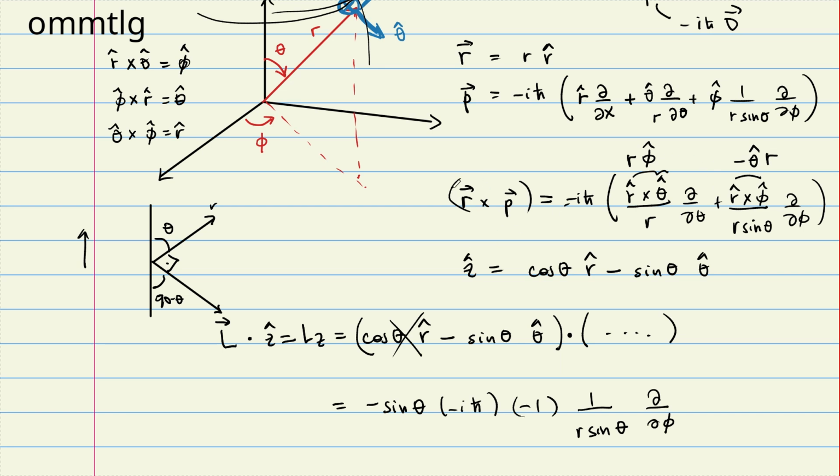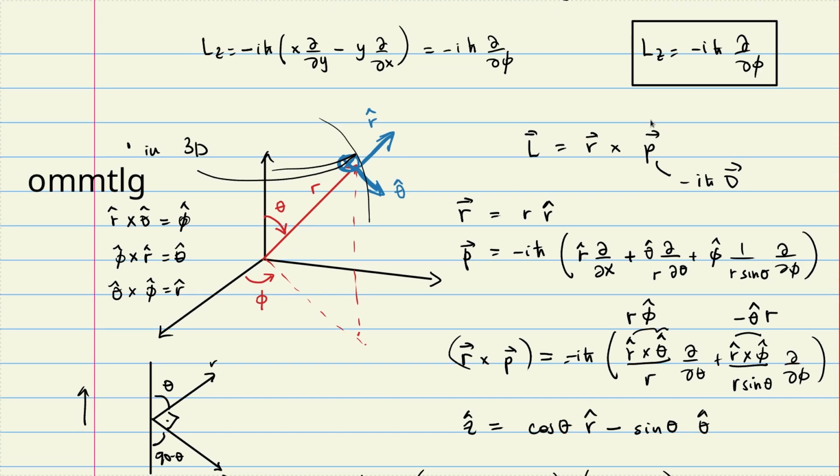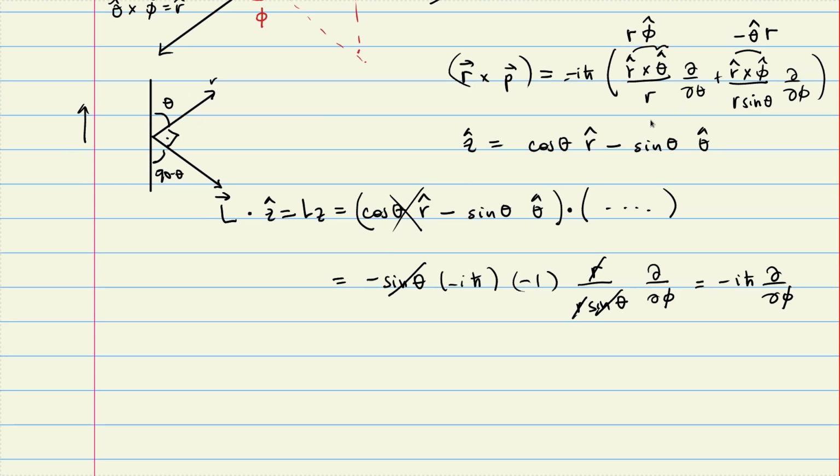Because I am taking R cross with P, so there will be an additional R here. So basically this R cancels this, and there's two minuses plus one more minus, and this is going to be minus I h bar del phi. Which is exactly like what we did in the simple one-dimensional case.